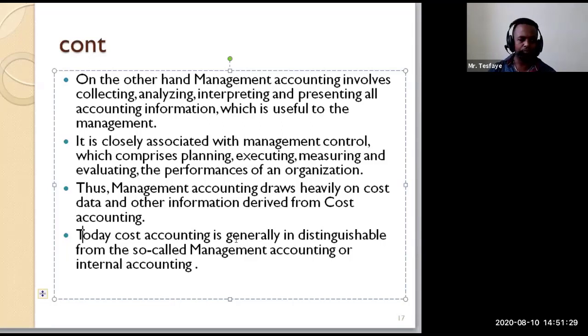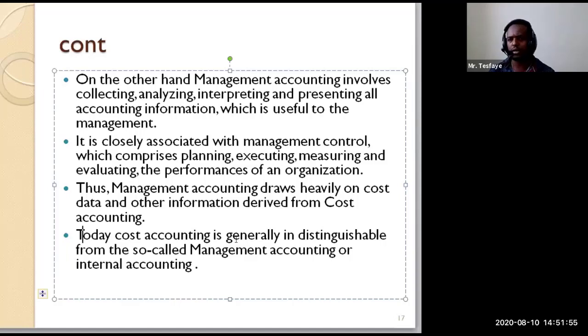Okay, so this was about the introduction of cost accounting, management accounting, and financial accounting. We have seen the objectives of cost accounting, management accounting, and financial accounting. And we have seen their differences.